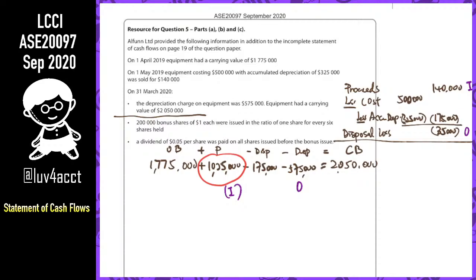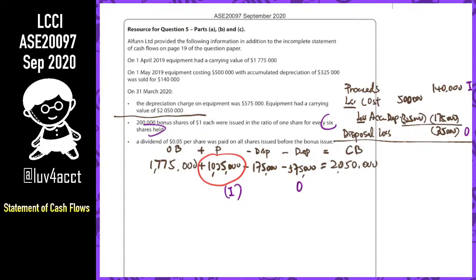Okay, but then we are given that we have a bonus issue of 200,000 shares. Okay, and this is in the ratio of 1 share for every 6 shares held. Okay, that means we have to use it to find how many shares this company originally has.